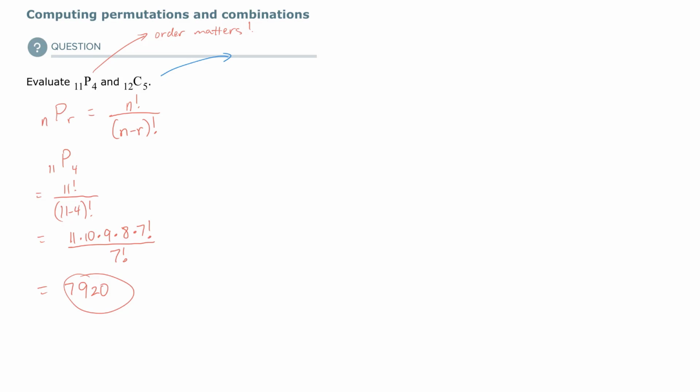Let's say you go to a Chinese takeout restaurant and they list 12 things that you could choose from. And they offer a 5-item combo for $6.99. Well, that seems really cheap, but this is hypothetical.